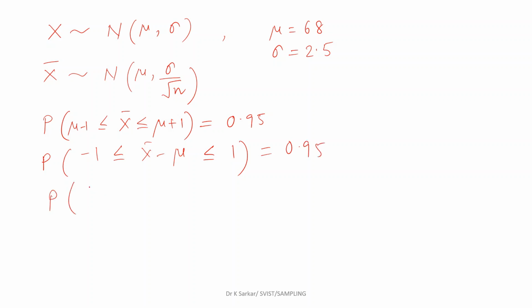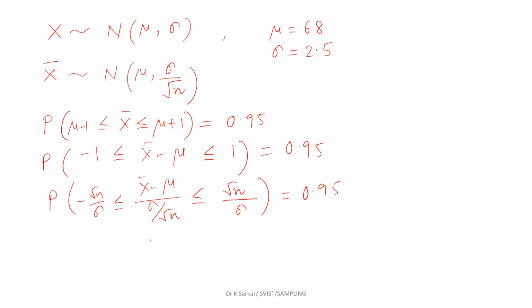Now let us divide by sigma by root over n, the standard deviation of the sample. Then we have to divide this side also. So it will be root n by sigma on this side, and on the other side it will be minus root n by sigma, equal to 0.95.